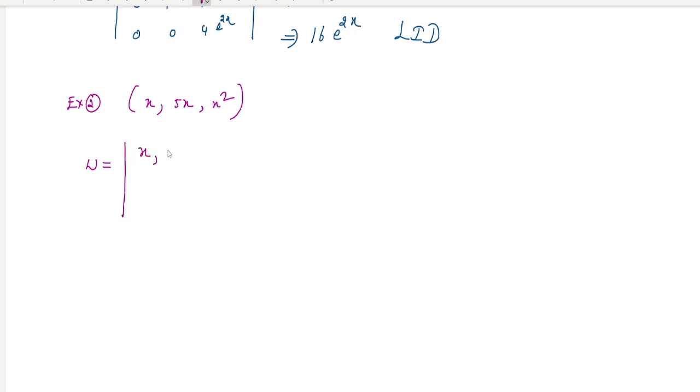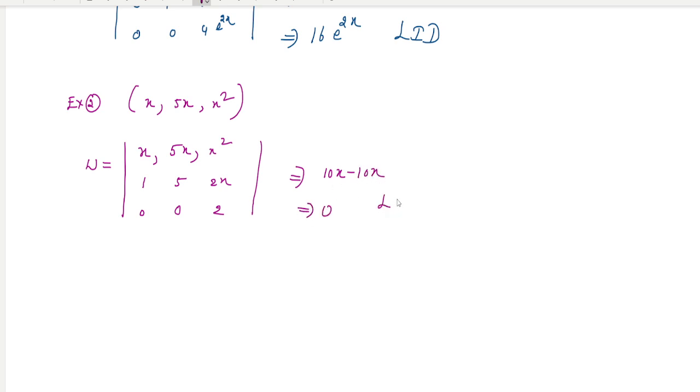This one is x, this one is 5x, this one is x square, right? Then the first derivative: 1, this one is 5, this one is 2x. Okay, again derivative: this one is 0, this one is 0, this one is 2. So the determinant of this function equals 10x minus 10x. So that is equal to 0.